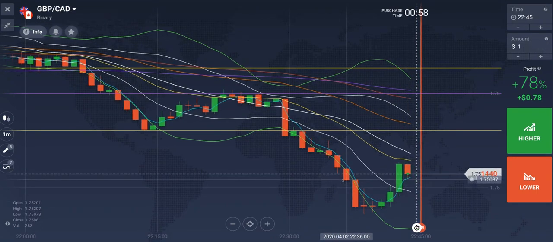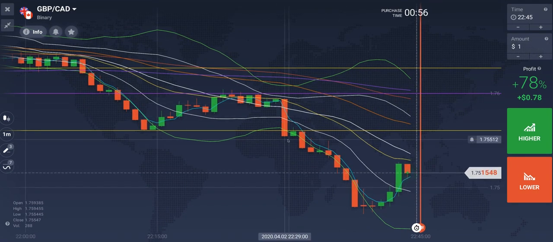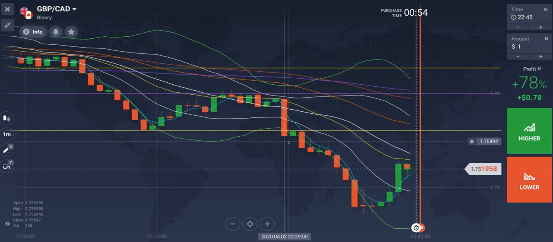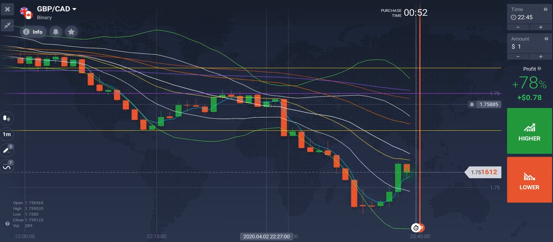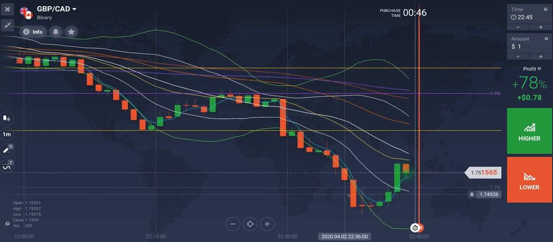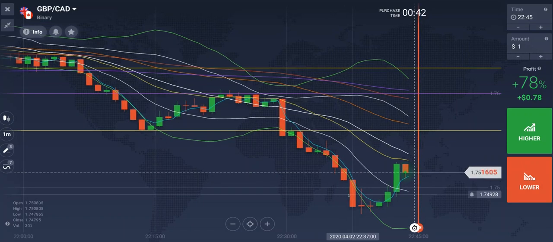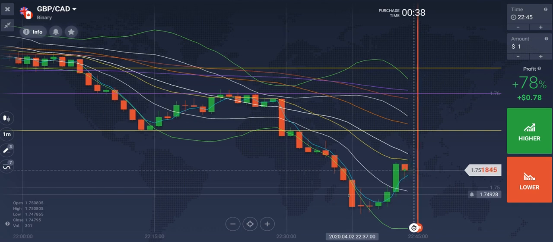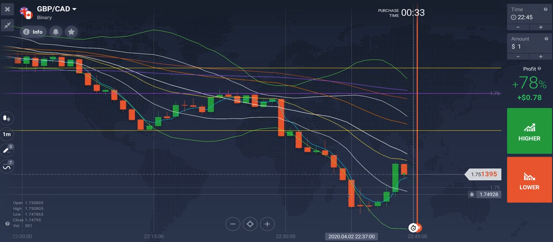In a breakout scenario, if you are in a downtrend, you cannot do call trades or higher options blindly. You need a proper confirmation and a reversal pattern or reversal signal with confirmation to show you that the market is going to reverse.